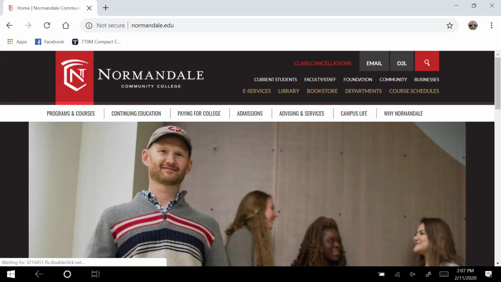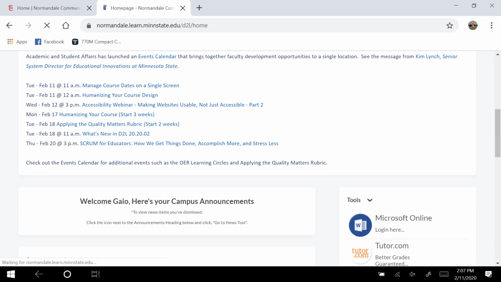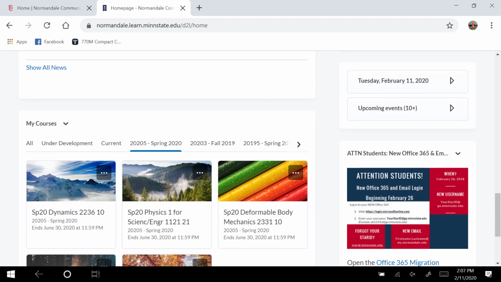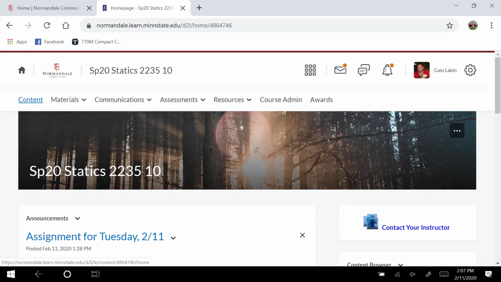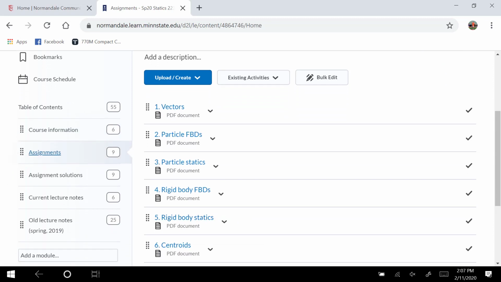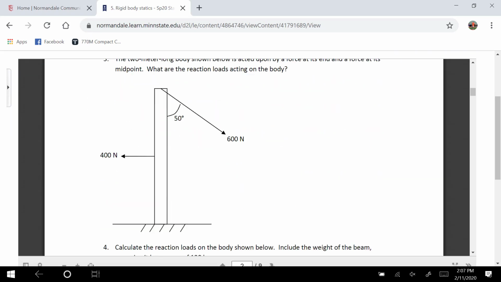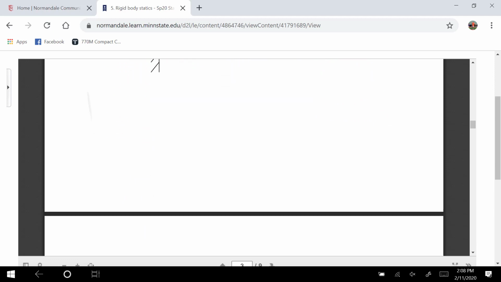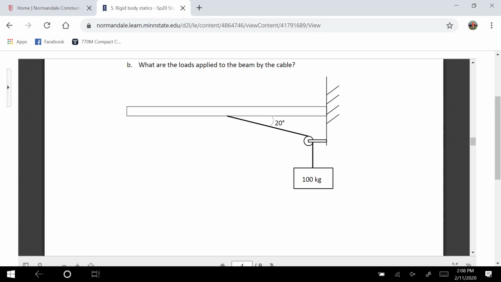That's not working. Okay, so if you go to rigid body statics, 7 and 8 are 2 dimensions, and then number 9 is new stuff.